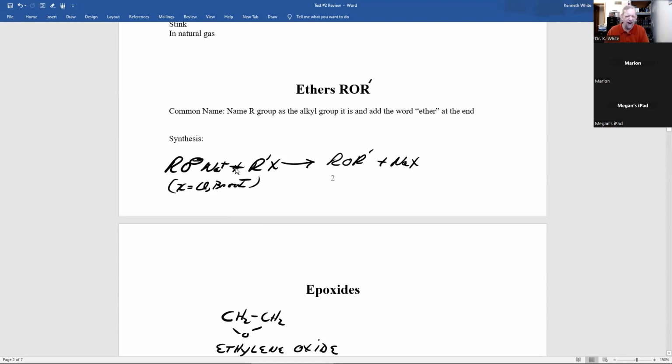Now, the carbon with the halogen in R prime is the carbon the oxygen is bonded to in the ether. Let's take a look at that.